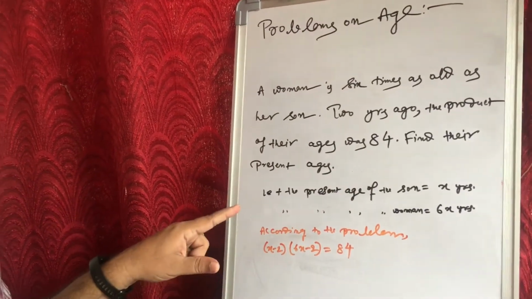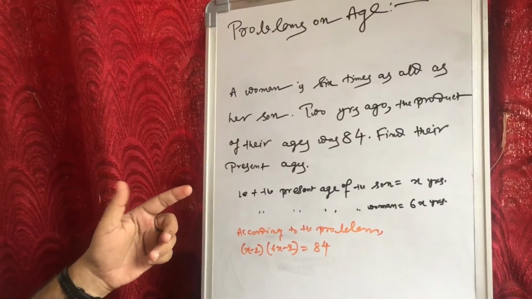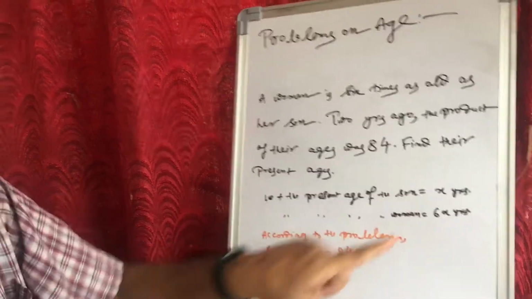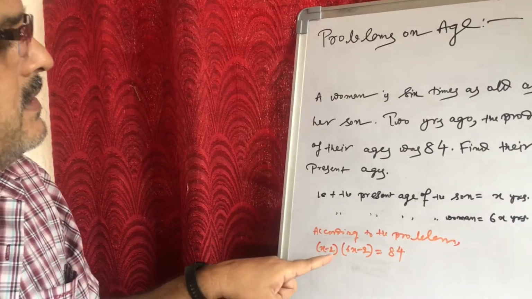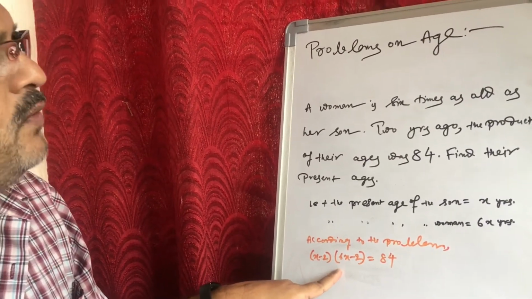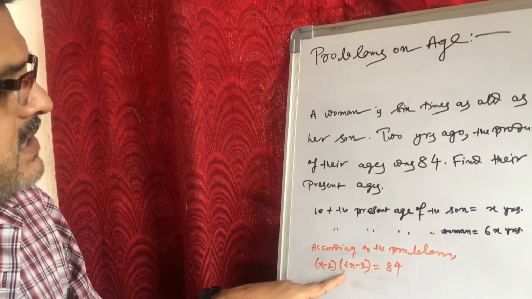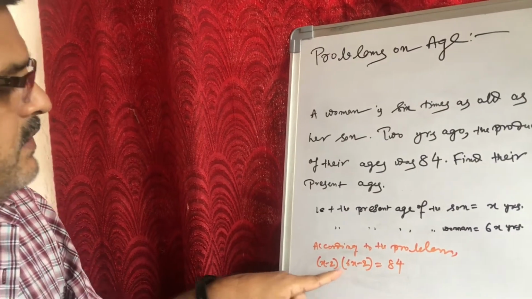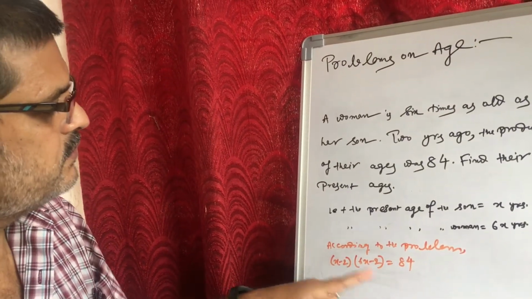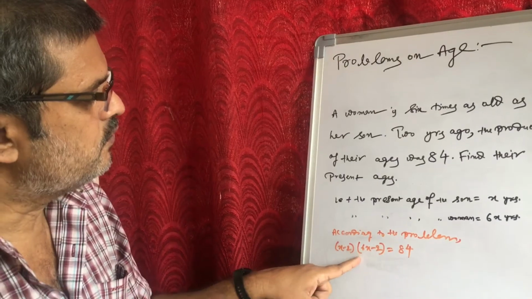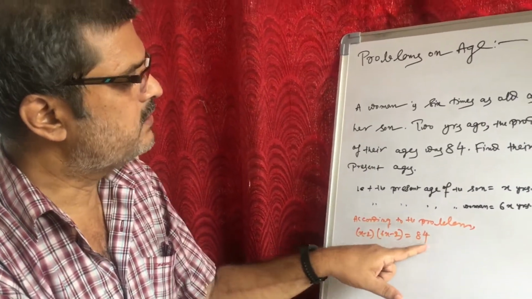That means 2 years ago the age of the son will be x minus 2 and the age of the woman will be 6x minus 2. Now it is given that their product is 84. That means x minus 2 into 6x minus 2 is equal to 84.